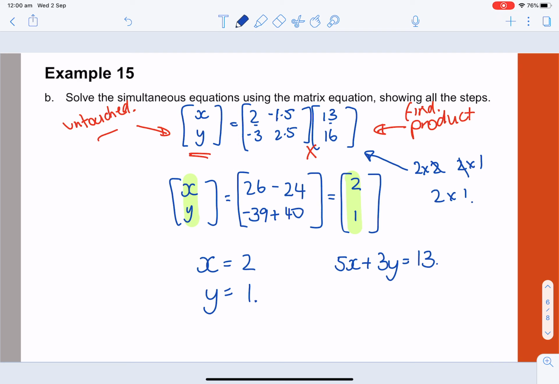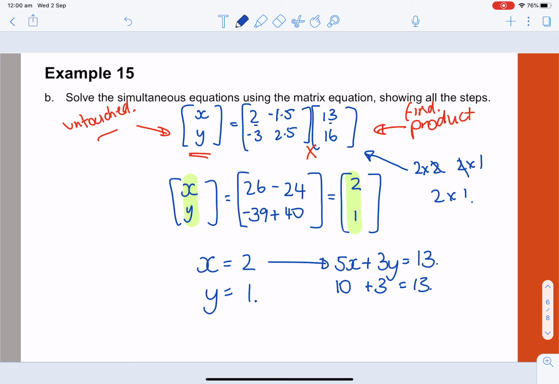You've done this with algebra. It shouldn't be any different with matrices. Substitute them in. 5 times 2 is 10. 1 times 3 is 3. 10 plus 3 is 13. If you'd gotten minus 4 as your x value, you plug it in, you don't get 13. You know you've mucked up somewhere. Take a few steps back and retrace where you're at.